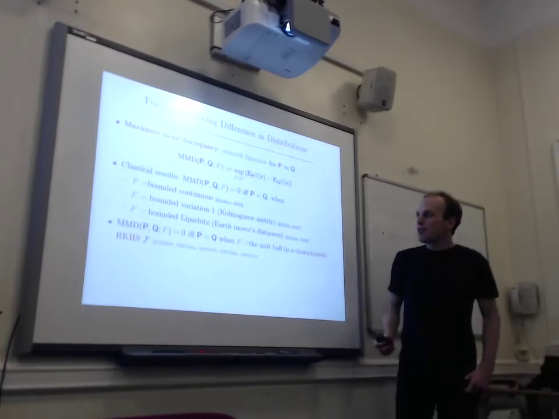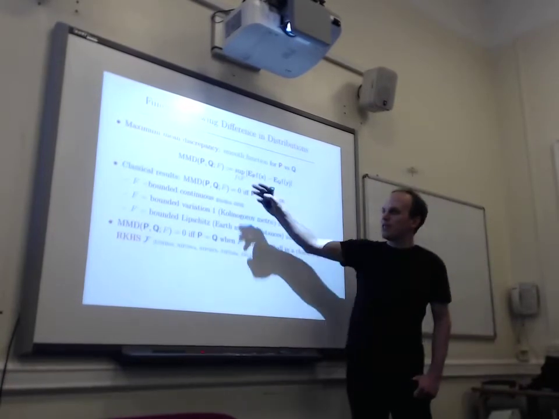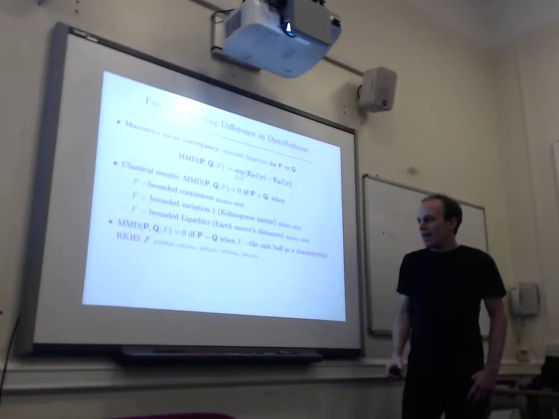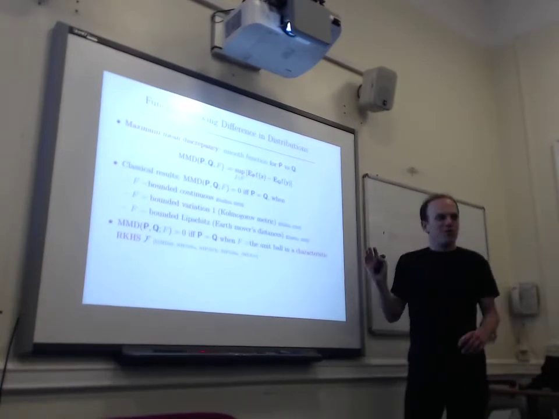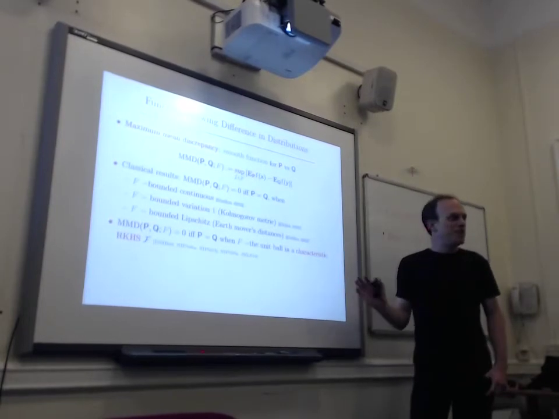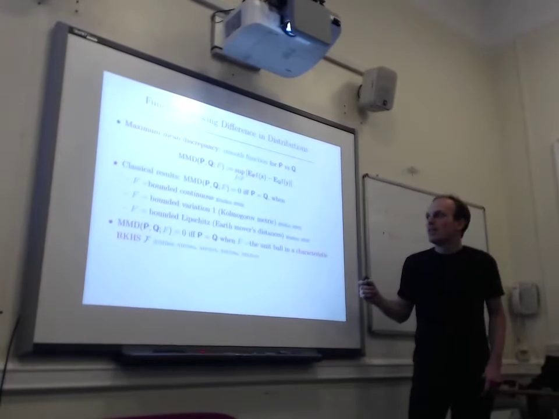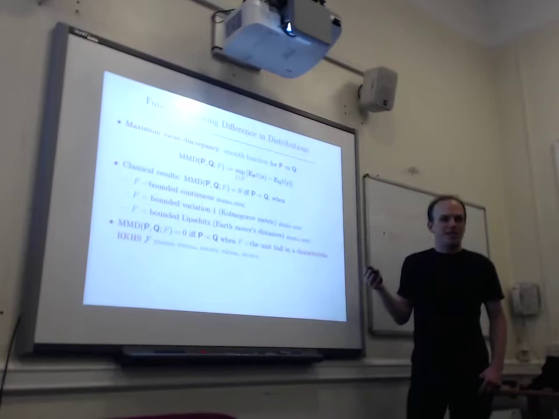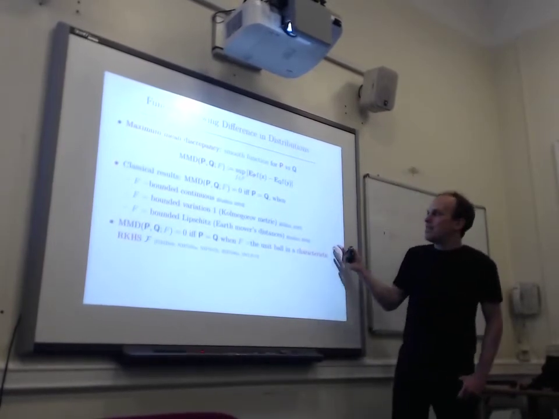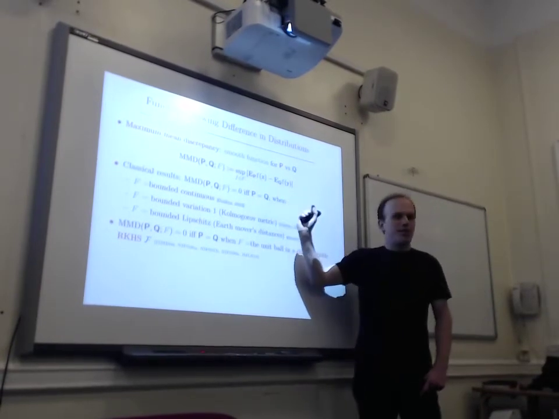So we're going to be using reproducing kernel Hilbert spaces as our set of smooth functions. We will emphasize one particular kind of reproducing kernel Hilbert space, which is going to be called a characteristic reproducing kernel Hilbert space. This is a Hilbert space which is rich enough that there are infinitely many features in it, and we can guarantee with this Hilbert space that this distance is 0 only when P and Q are the same.